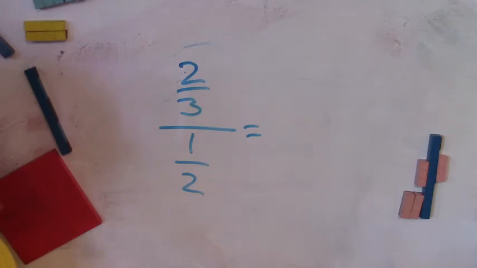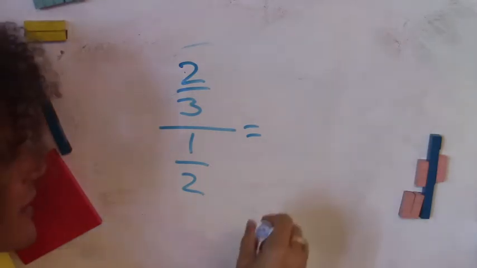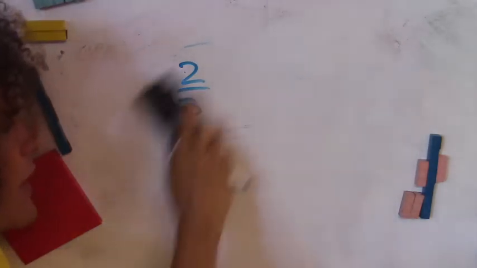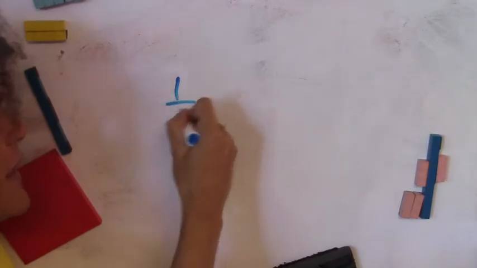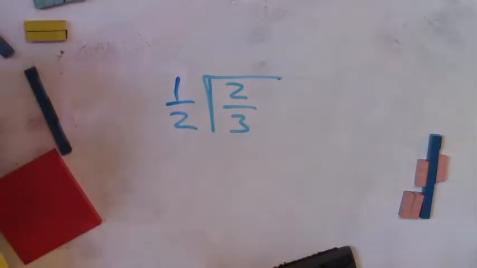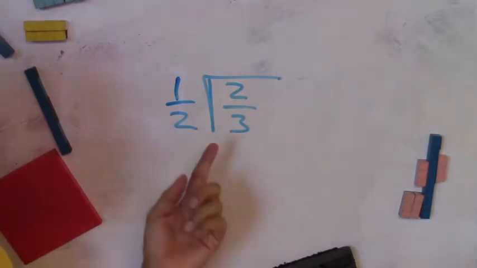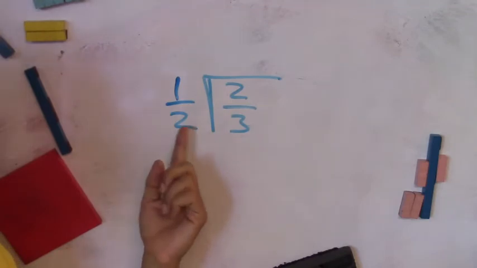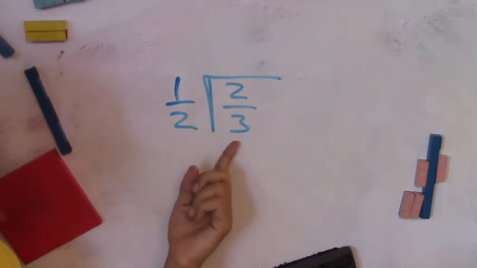You know what to do? No. Well, what we're basically saying is, there's another way to look at this: a half and 2/3. How many halves are contained in 2/3? Well, see, now this is the problem. We can't count these because they're not the same. I can't count halves out of thirds, can I?